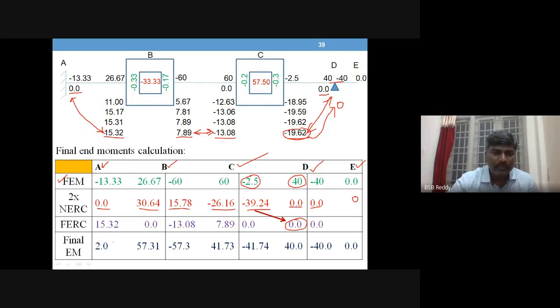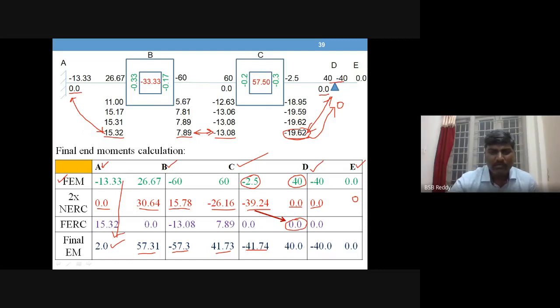Right. Then once you write all those values, add all these values to get final end moments. Okay. So likewise, joint B has got 57.31 and minus 57.3, and joint C has got 41.73 and 41.74.